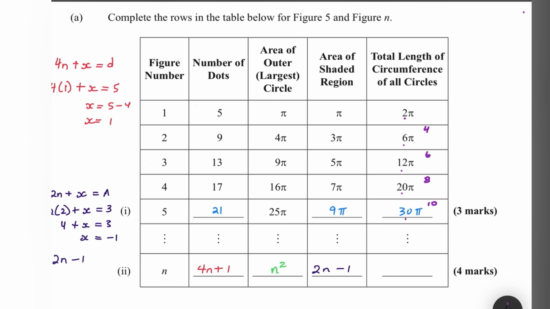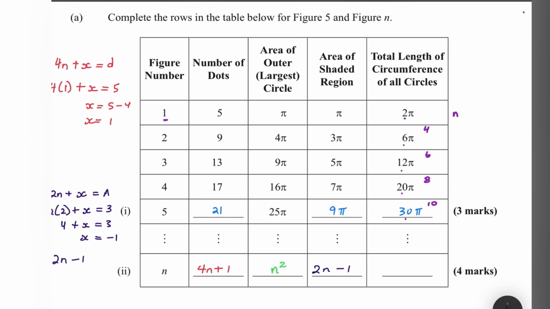For me, I find it's kind of like trial and error. So I know it's going to be n squared plus something or minus something, right? So if I look at each of them, if it's n squared, n here is 1, because n is the figure number.